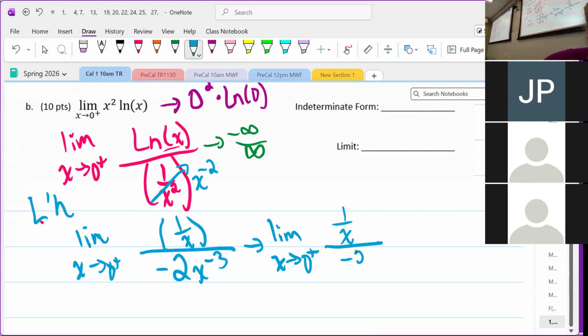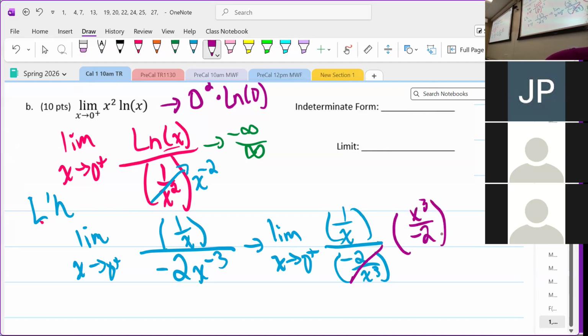So then that's negative 2 over x to the third, which I could rewrite as times x to the third over negative 2. Dividing by a fraction is multiplying by the reciprocal.